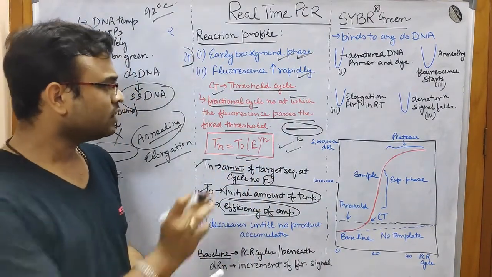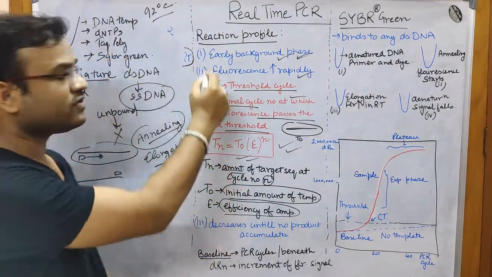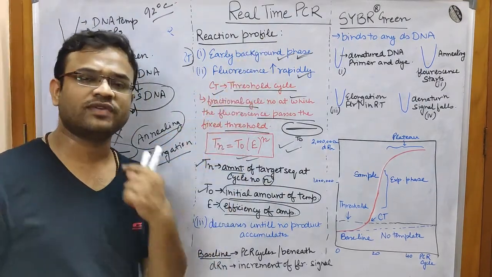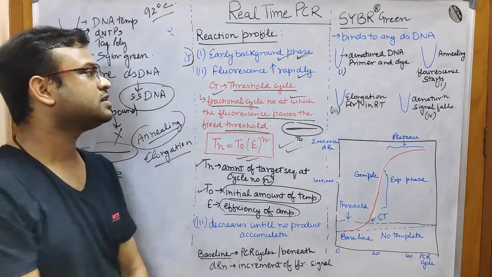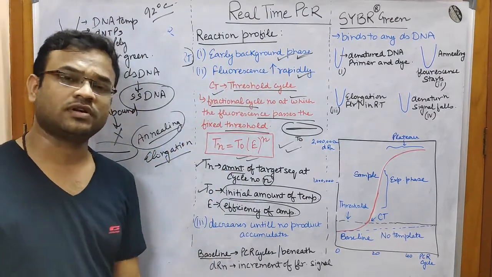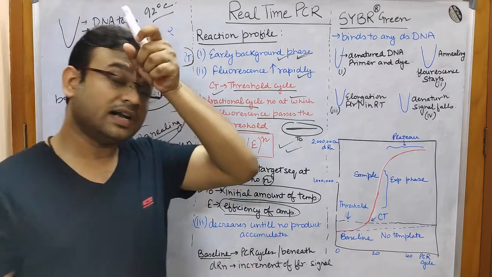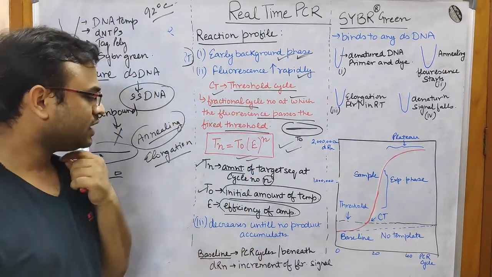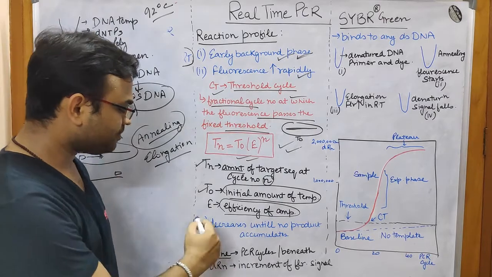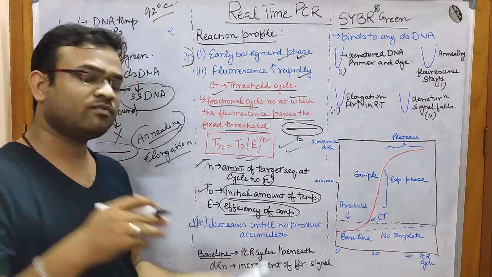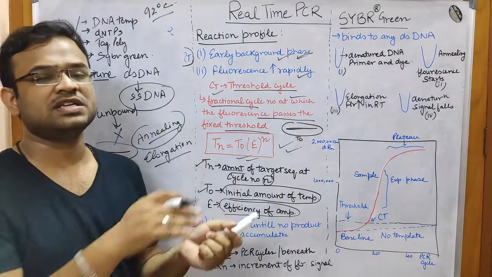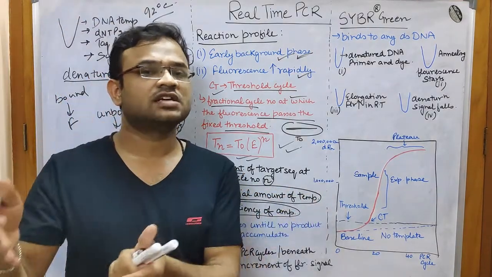Last time we had said that the reaction profile was divided into 3 steps. The first step is the early background phase. The second is where fluorescence increased rapidly in the elongation or the annealing phase. Finally, the fluorescence starts to decrease, because after some time the PCR cycle would cease.